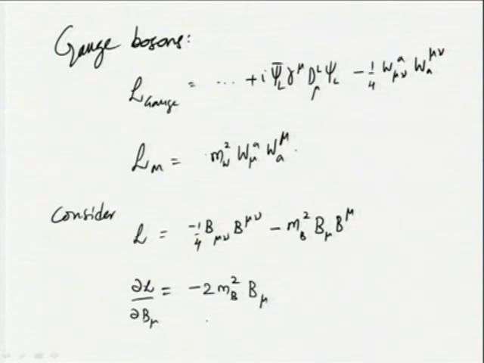Okay. And dou L by, you write down the equation of motion for this, that will give you the equation of motion box B mu minus, minus of minus plus m_B square B mu equal to 0.